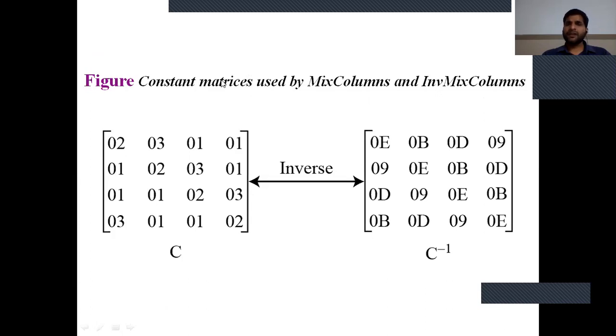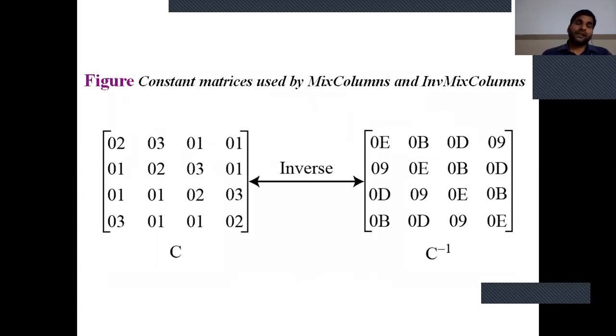Example: the constant matrix used by the mix column and the inverse mix column. Suppose the constant matrix is this and the inverse matrix is this. And how do we find the inverse matrix? We find the inverse matrix with the help of the given table.